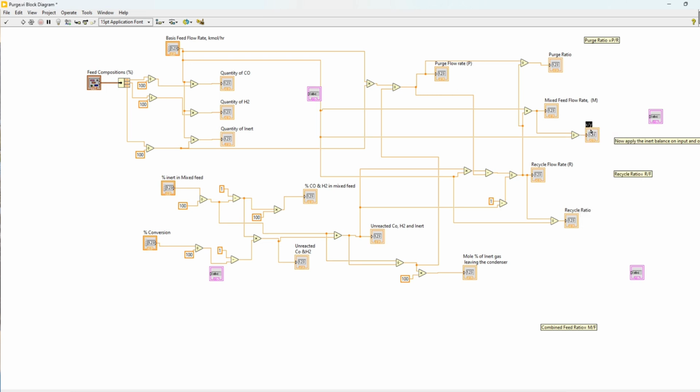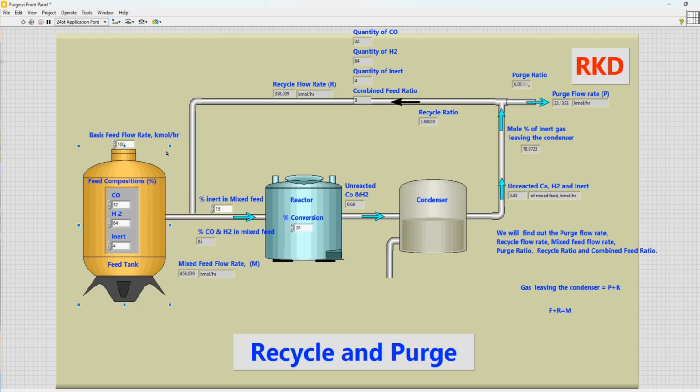This is the combined feed ratio. So now let us check what it is. Okay. Now it's okay.